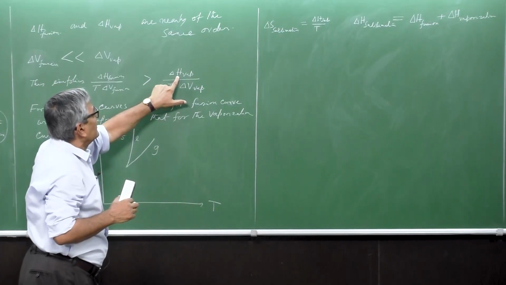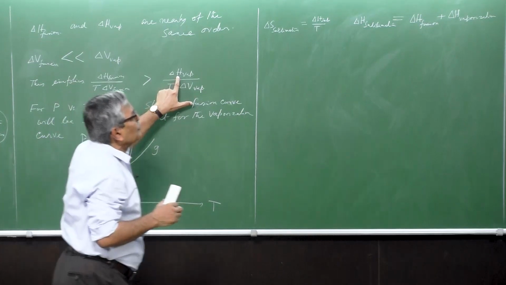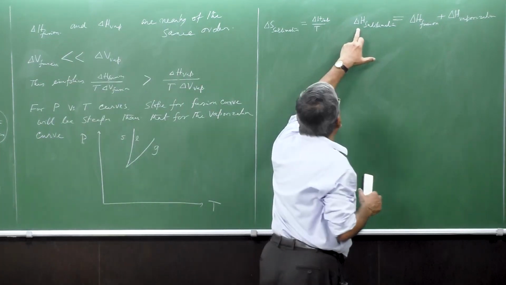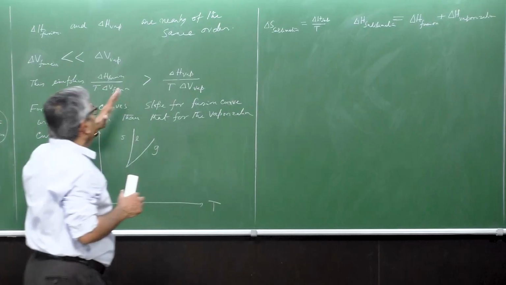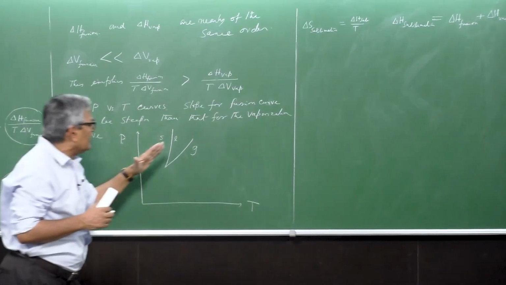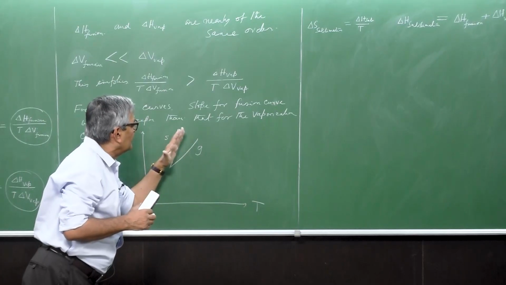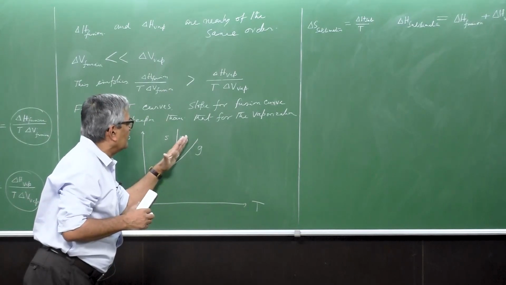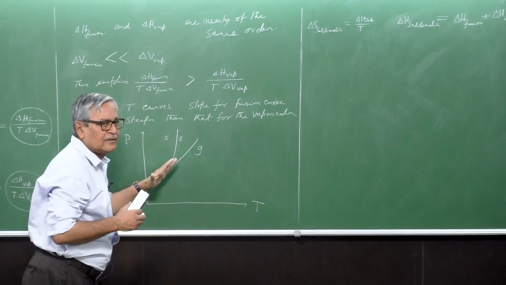So, if instead of vaporization, you put the sublimation here, that will make the curve slightly stiffer. So, it will be stiffer than this one, but cannot exceed this one. So, it would lie somewhere in between.